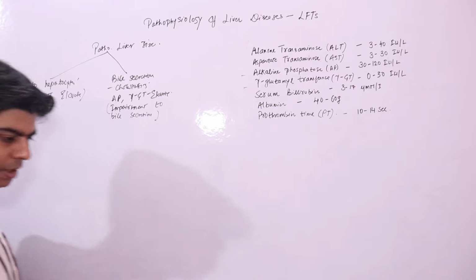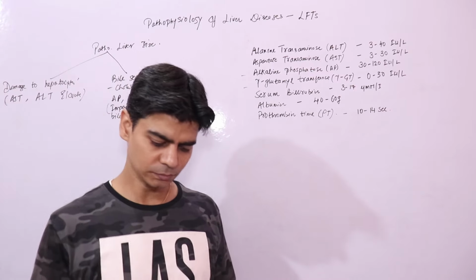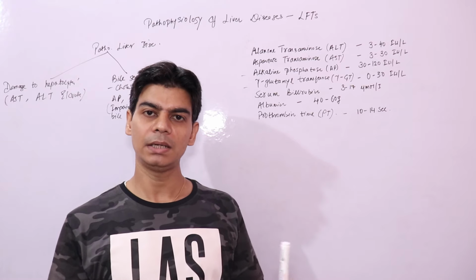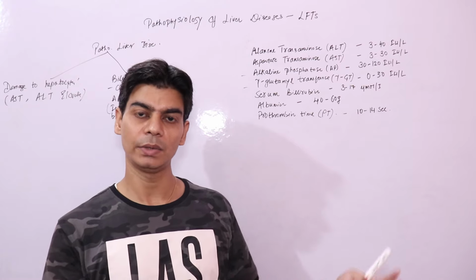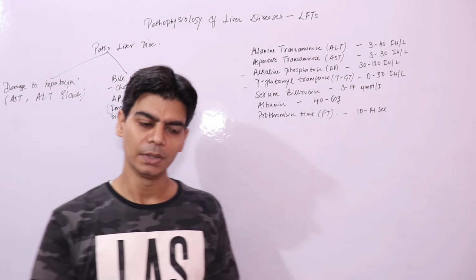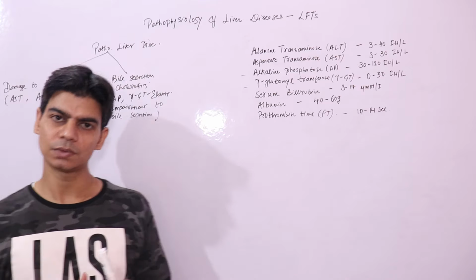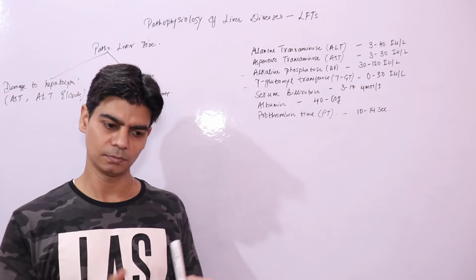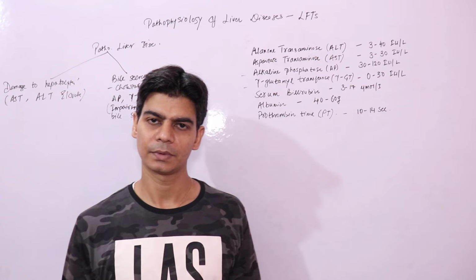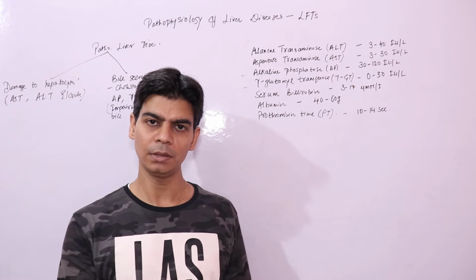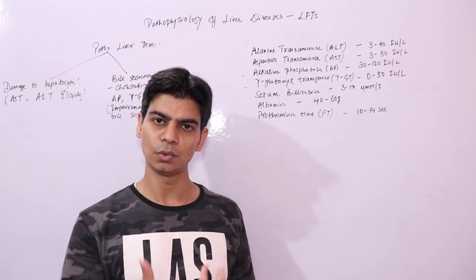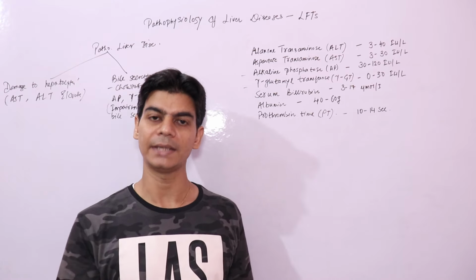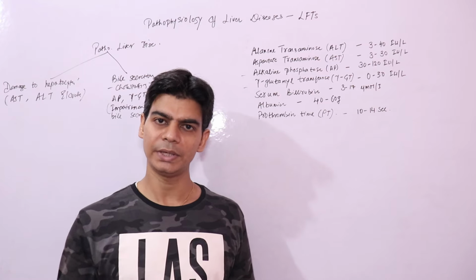And when there is impairment to bile secretion, we know that bile contains bilirubin, which is a greenish yellow liquid. So if there are any issues with bile secretion, that means your bilirubin is not moving out of the body. Because we know that bile first goes into the duodenum when there is need for it for digestion, then it goes into the intestines.